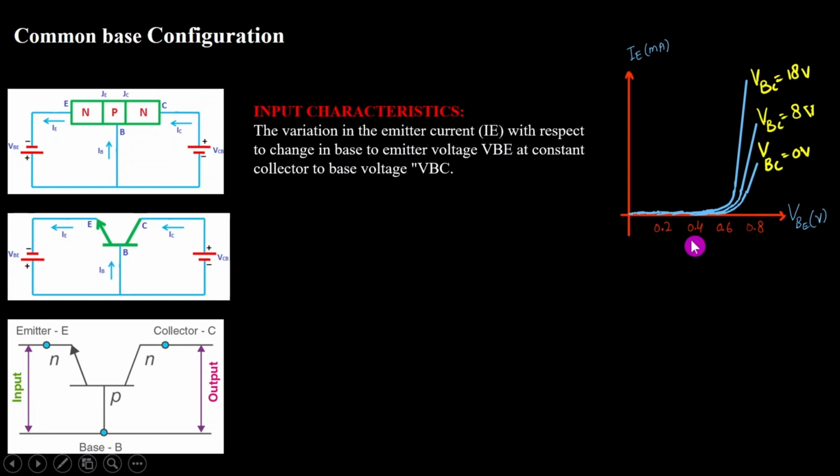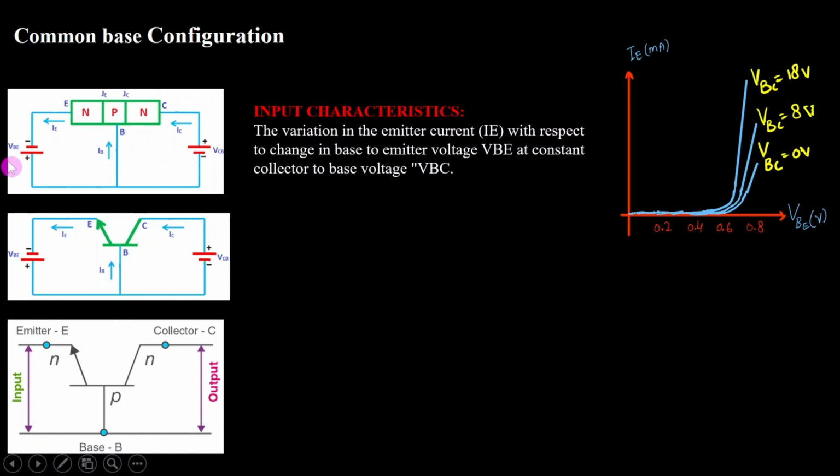As we discussed, VBE is the forward bias and VCB is the reverse bias. So if we take VCB as a constant, there will be no variation in this transistor due to VCB, as it has a constant value.